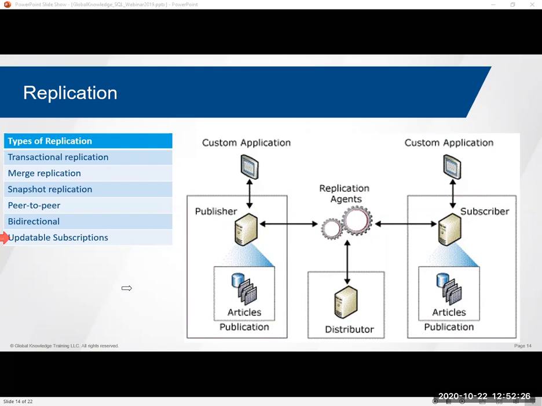But as a subscriber, where the distribution server is pushing the data to it, that actually works. So we have pull subscriptions, which are the default, push subscriptions, which allow you to have non-SQL or Azure subscribers. So that's replication. Do note, all replication has some kind of latency between the time that a change occurs on one instance of SQL Server and the time that it shows up on the rest of the servers. The amount of latency is dependent on your networking configuration.